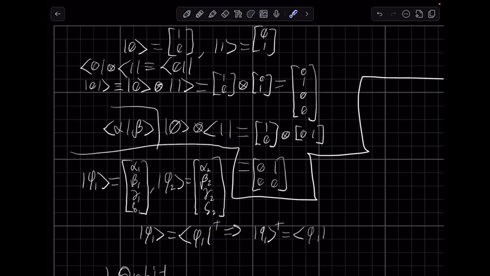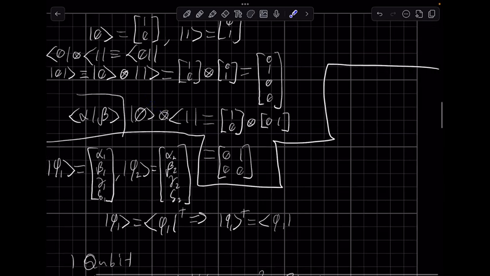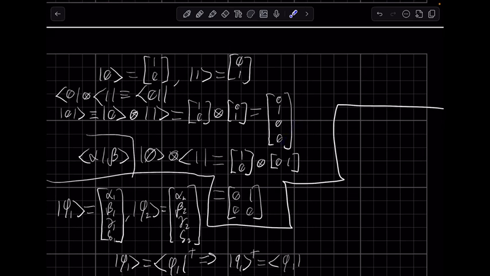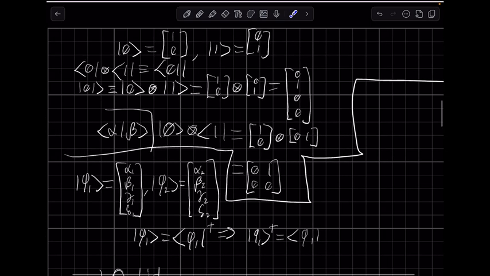Okay. We can also do a bra tensor producted with a ket. So a ket being here and the bra being here, we get a matrix expansion rather than a vector expansion, as we see here.